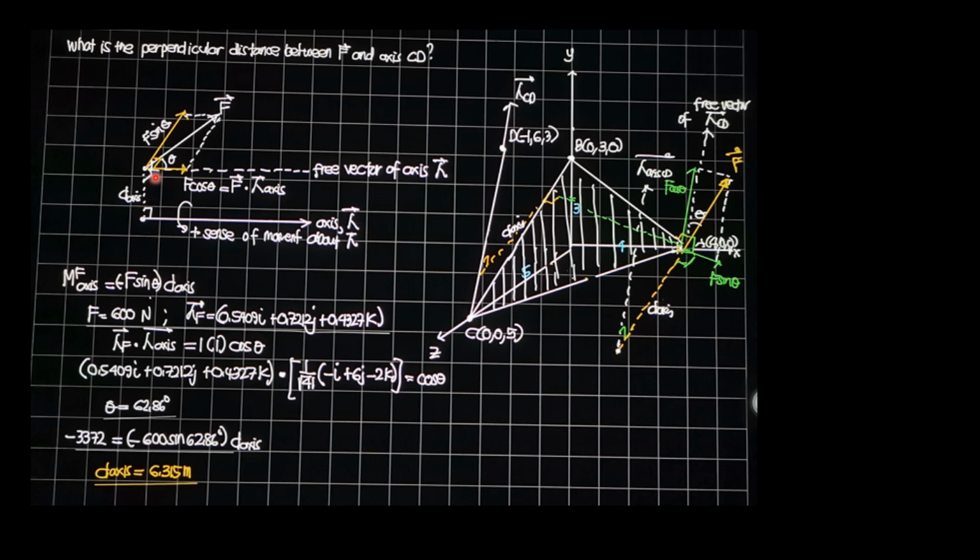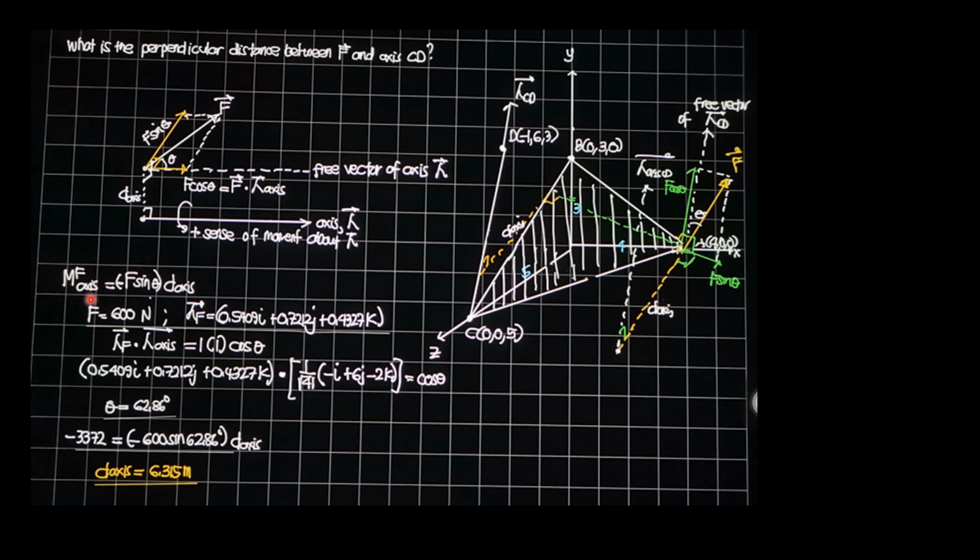That moment by right thumb rule based on this figure is negative F sine theta, because this is the positive sense of moment about this axis, times this perpendicular distance between F and this inclined axis CD. So we are looking for that perpendicular distance.